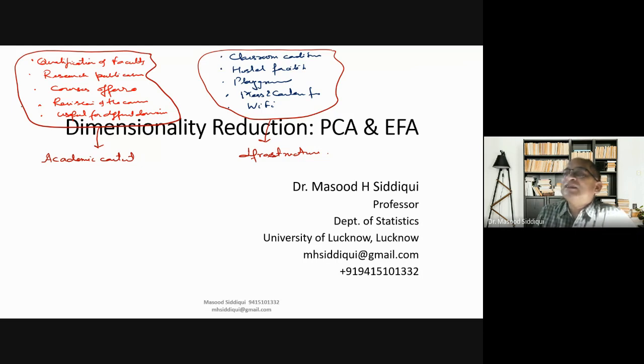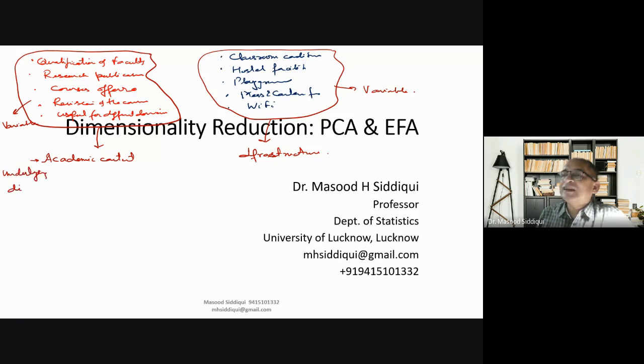So now we see what actually we are going to do. These variables or features are visible to all of us. These are the variables that are open to us, and through these variables we are trying to find out something that is beneath the surface, that is known as underlying dimensions.